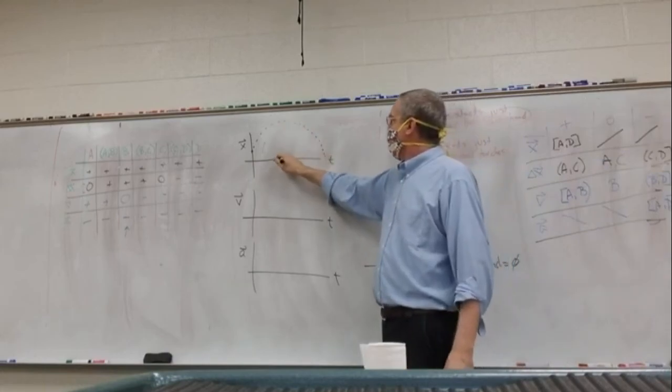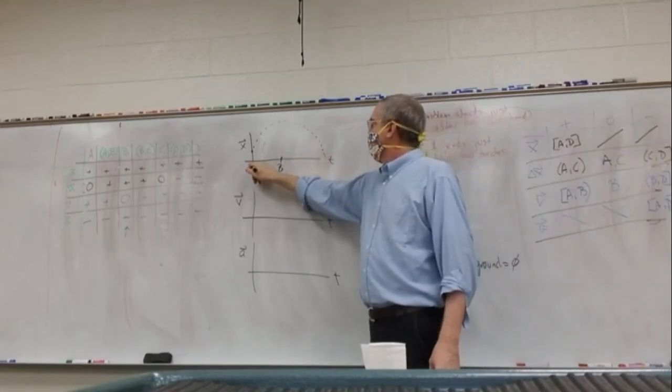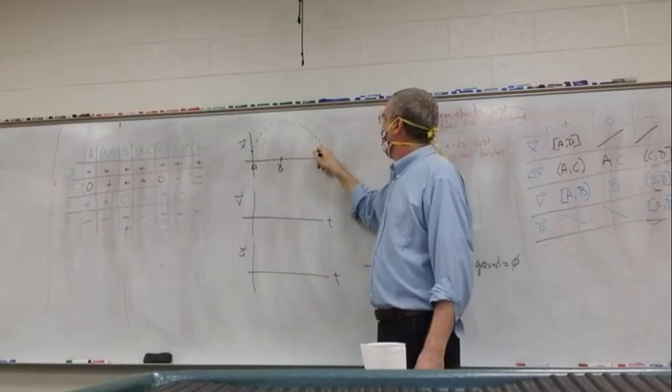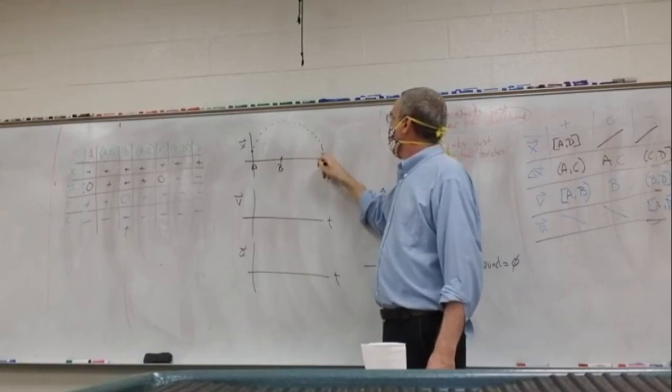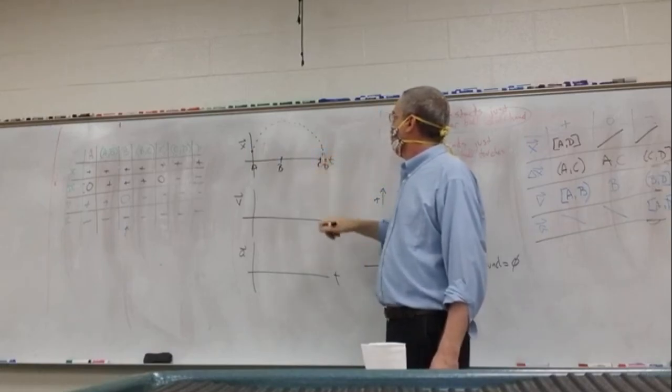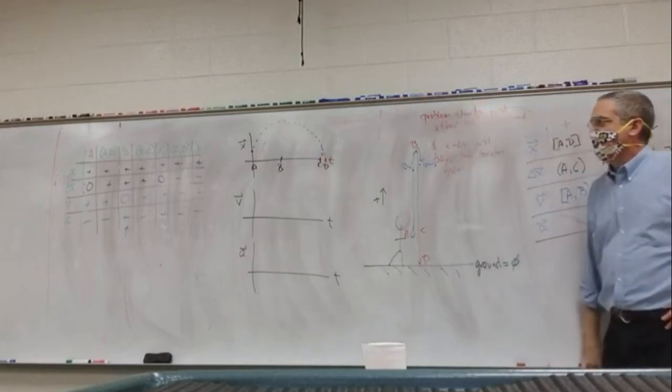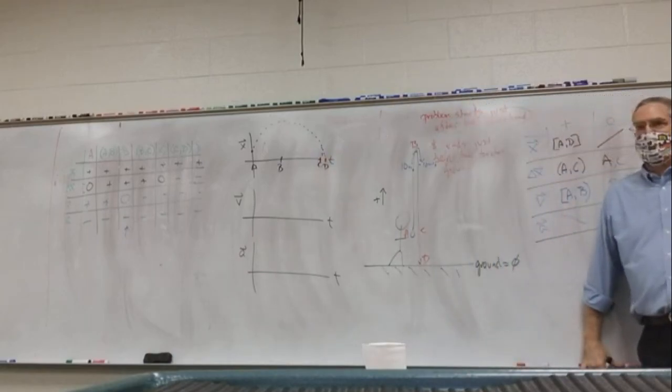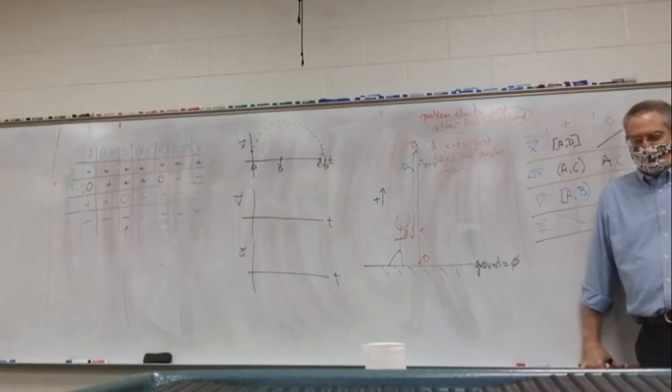This in theory is the peak, so that would be point B. That would be A. That would be C, and then that would be D. My recommendation is that on a test, use a pencil the first round through, unless you're feeling really confident.